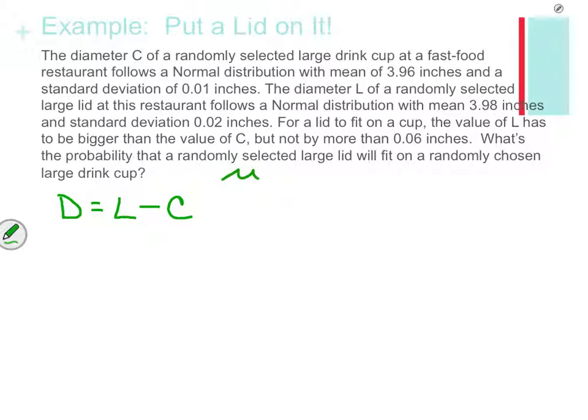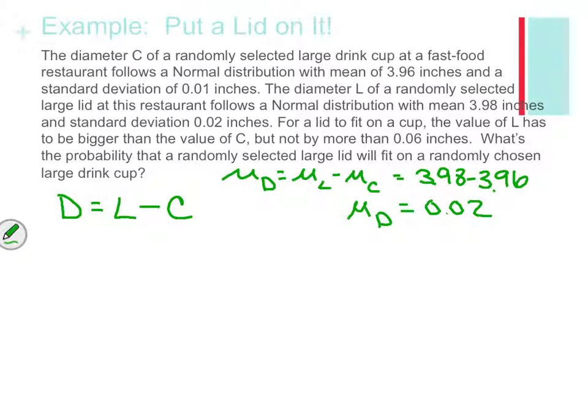The mean is going to be the easy one. All I have to do is subtract them. The lid mean was 3.98 minus the cup mean, 3.96, so the mean of the difference is 0.02. The standard deviation is again going to come from the variances.